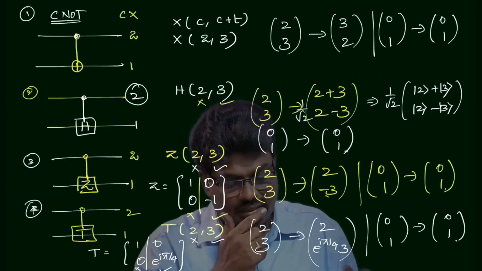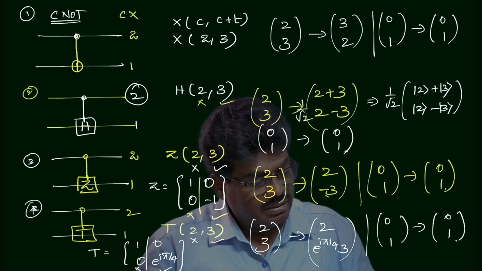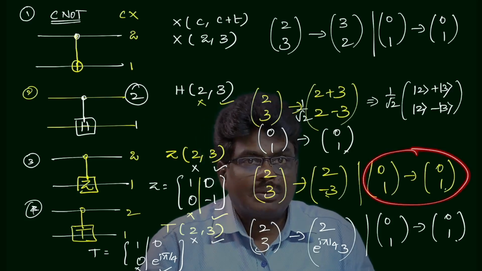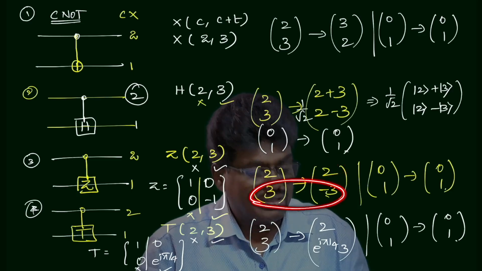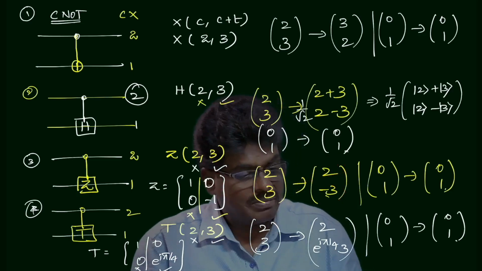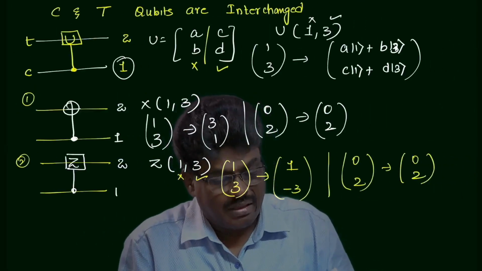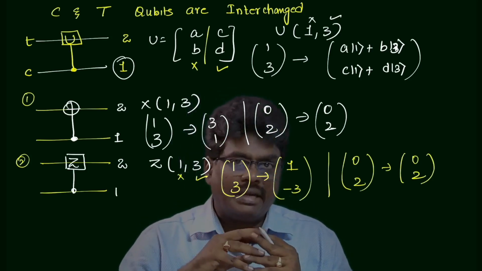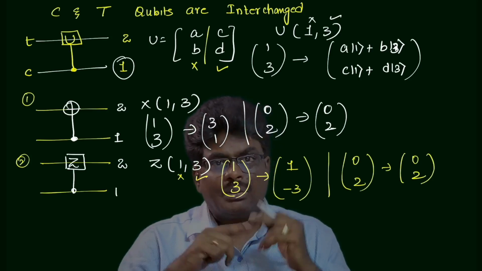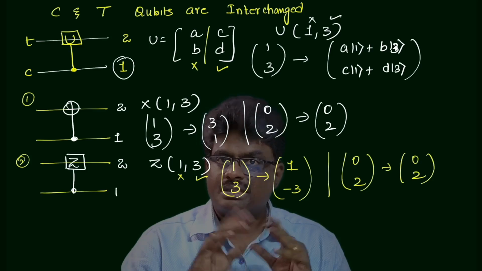Wait a minute. Yeah, here. See here, 0 and 1, no change. 2 also no change. And 3 changes to -3. So that means we can conclude like this. Whenever you have a control Z gate, if the control and target qubits are interchanged, there is no change in the CZ operation.